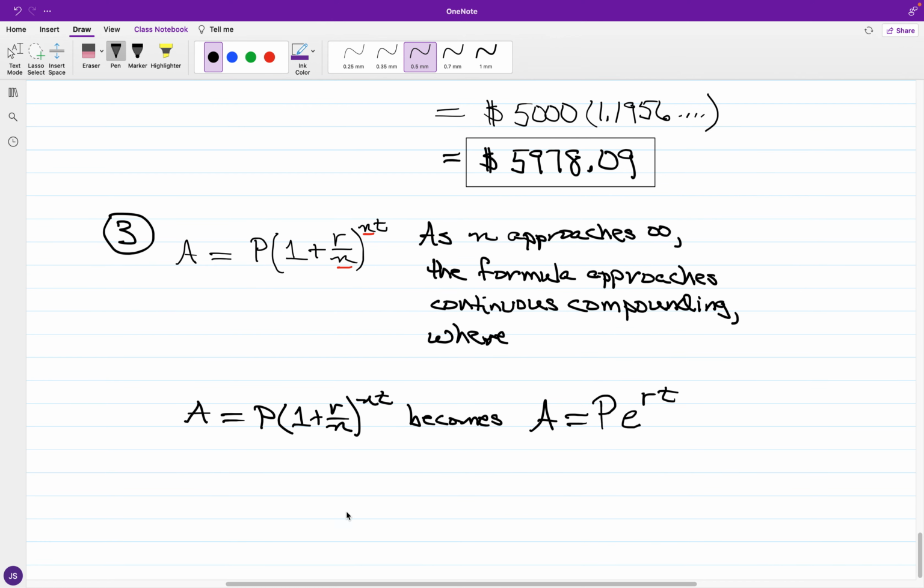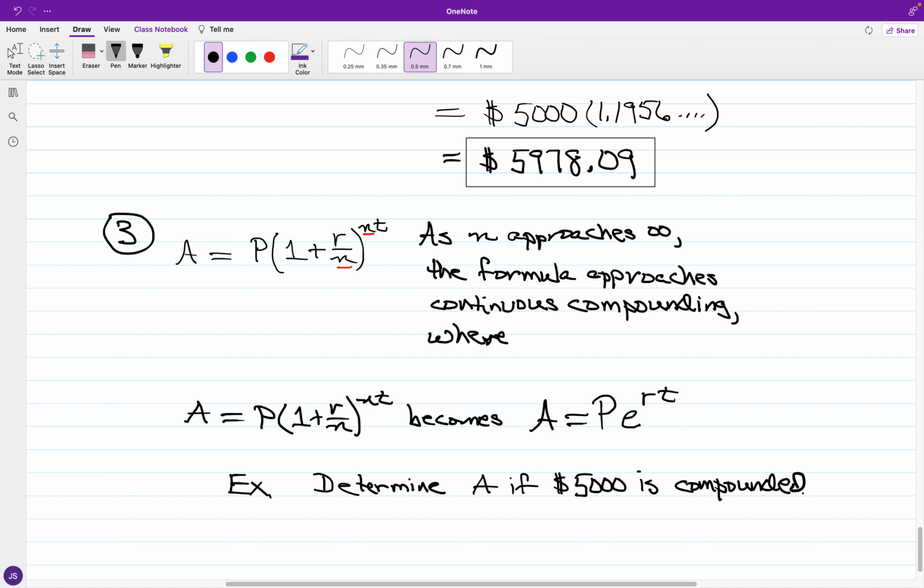Okay, so now I'll just mention, okay, from example 2, so if you were to determine a, say if $5,000 is compounded continuously, at 3% for 6 years.